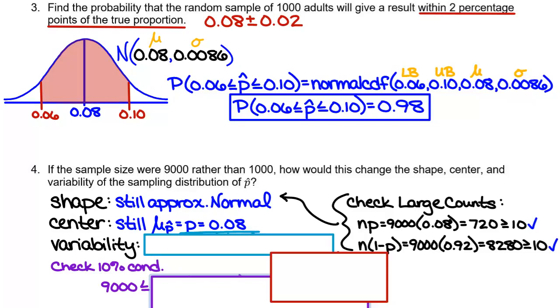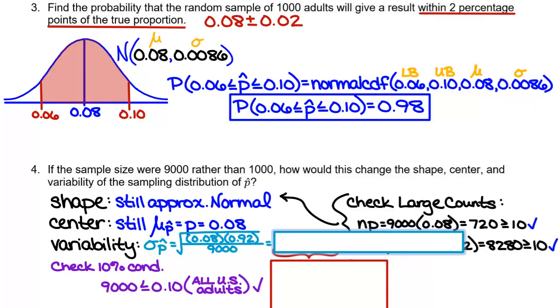So I have to check that 9,000 is less than or equal to, close, there's just one piece missing, 0.1 times all U.S. adults, 10% of all U.S. adults. Is that a fair assumption to make? Yeah, it is.